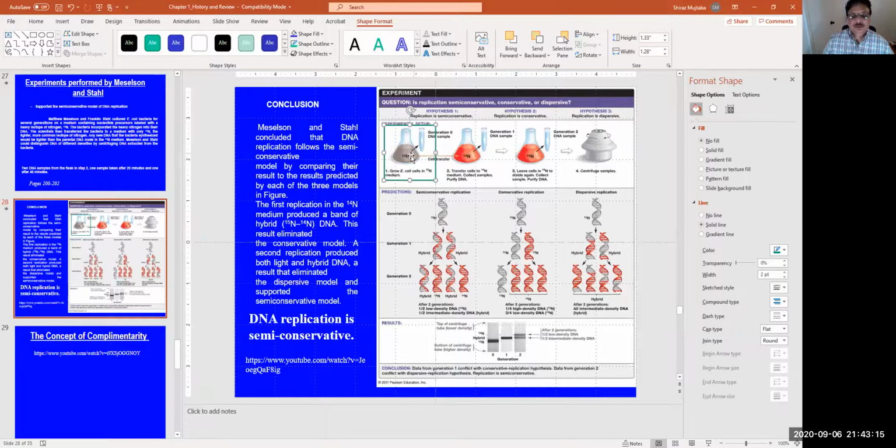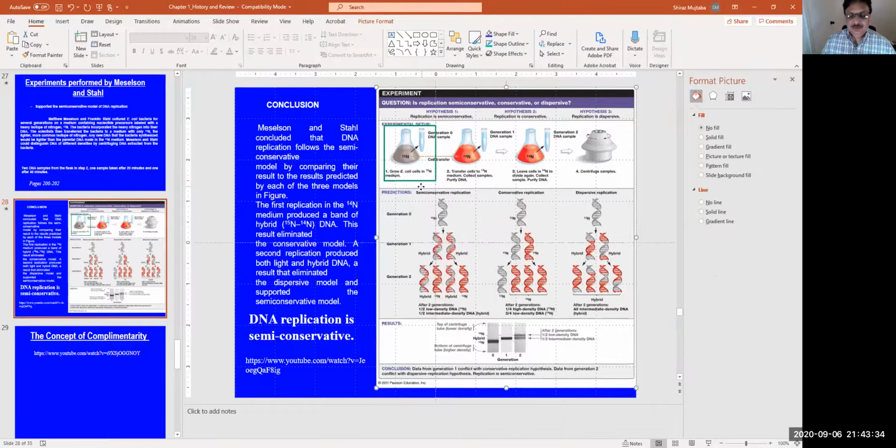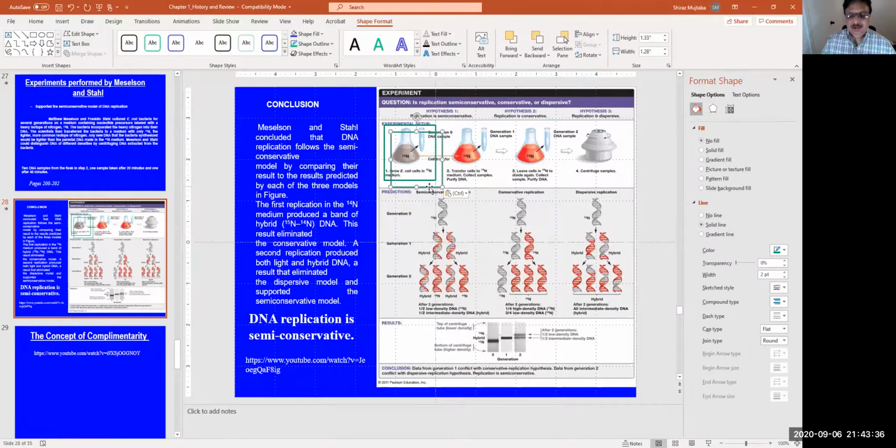Scientists grew these bacteria in N15 medium, meaning the nutrition had nitrogen 15 and not N14, which is native. Then after growing the bacteria in N15, scientists switched the bacteria to N14.